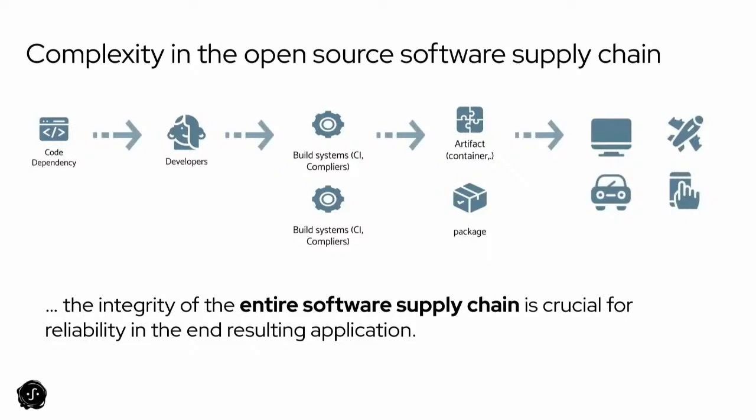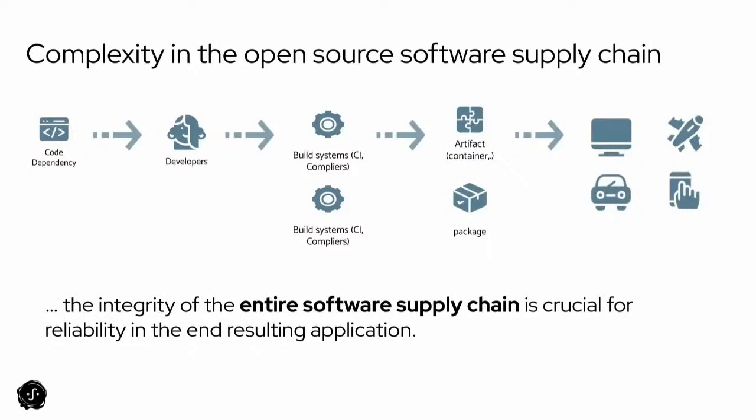And there's even been a federal executive order to highlight and emphasize that we need to improve supply chain security in software. Now, as you can see in this image, the supply chain for some application can be relatively complex. This is because applications are not written in a vacuum. So the supply chain for some application will include things like that code's dependencies, the various build systems, testing systems, CI, and other artifacts that are involved in the process of bringing this application into the end product.